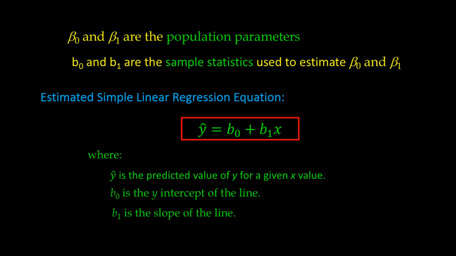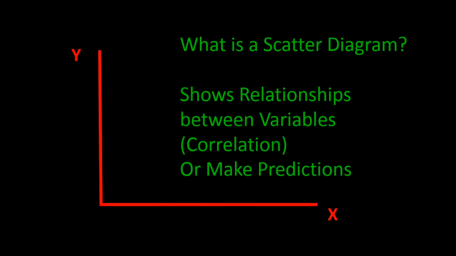So now we have all the components we need to define a straight line. We have the slope and we have the y-intercept. Now we are ready to look at some sample data so that we can calculate the estimated slope and the y-intercept. Let's start by looking at a graph called a scatter diagram. This graph shows us the relationship between x and y.